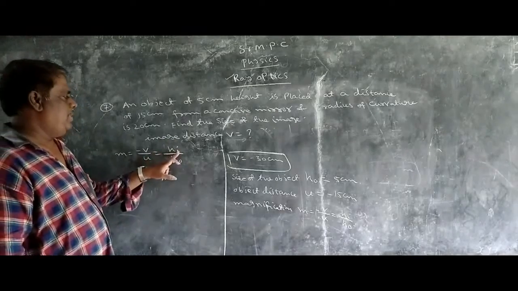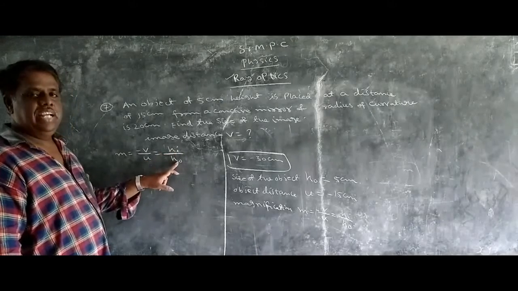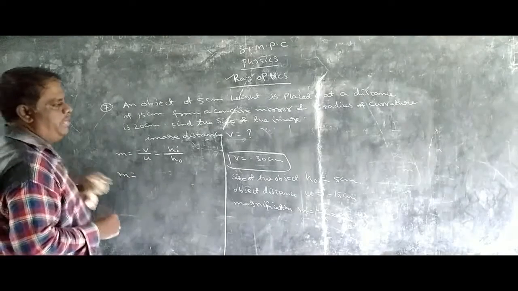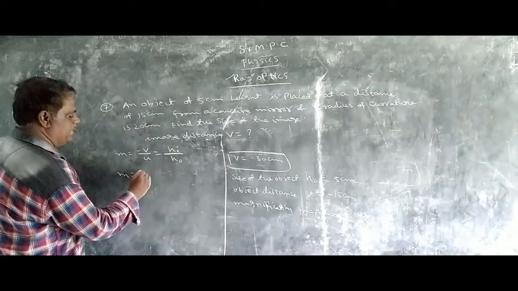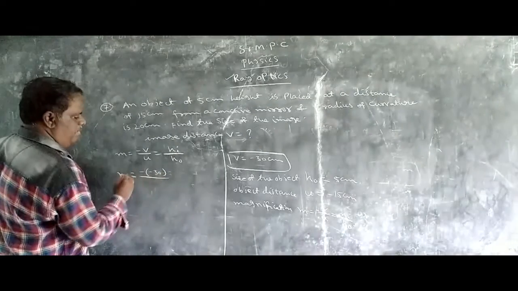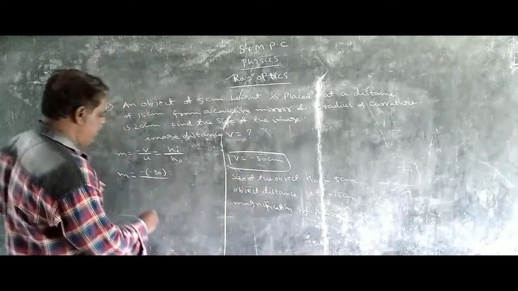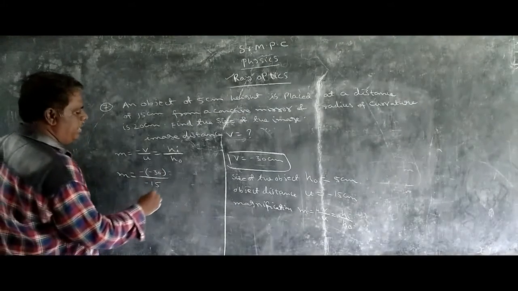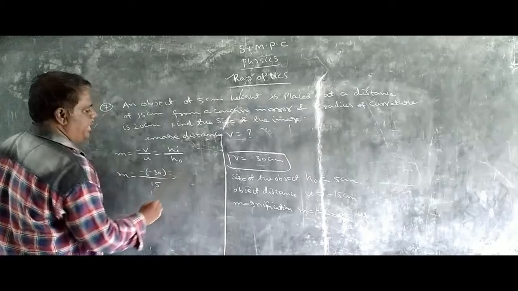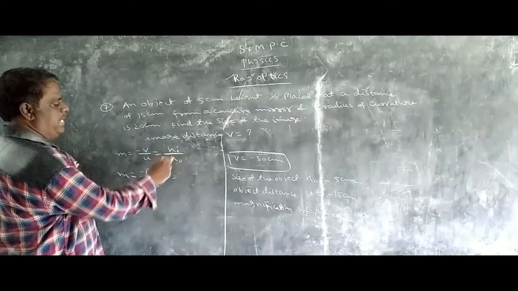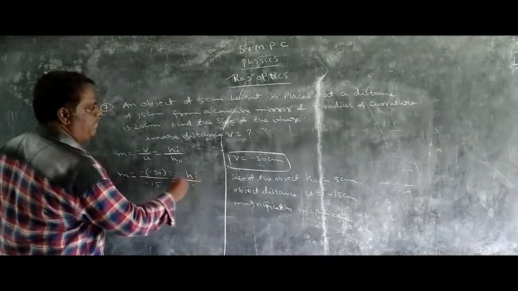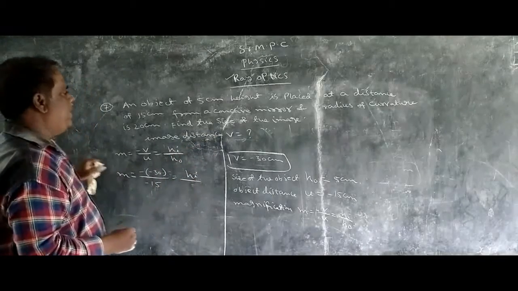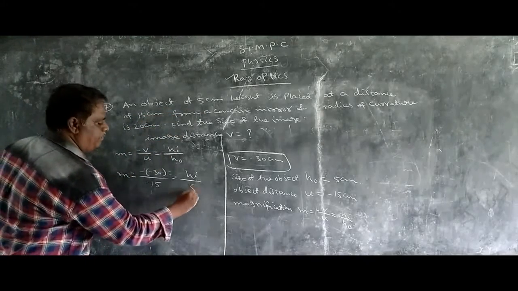Height of image, that means size of image, and H naught is the size of object. So here M is equal to V value minus 30, minus of minus 30 by U value, U value will be minus 15. Then HI, height of image or size of image, we don't know, we have to calculate. But size of object they have given, 5.